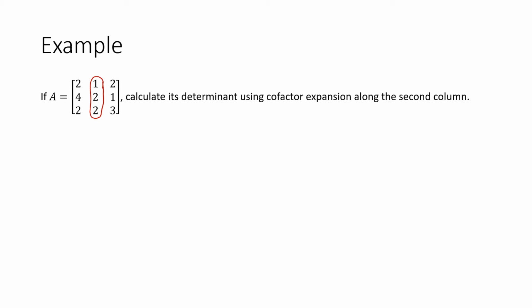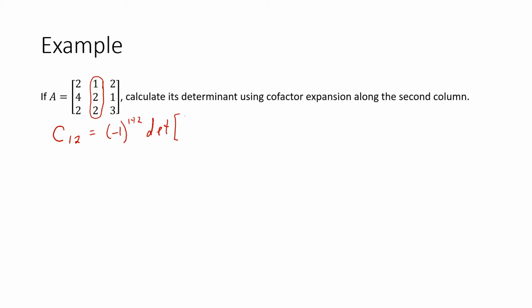So the big things we need here are the cofactors for each number along there. So we're going on the second column. So we need the cofactor C12, which is equal to negative 1 to the 1 plus 2 times the determinant of what you get when you eliminate the first row in the second column.